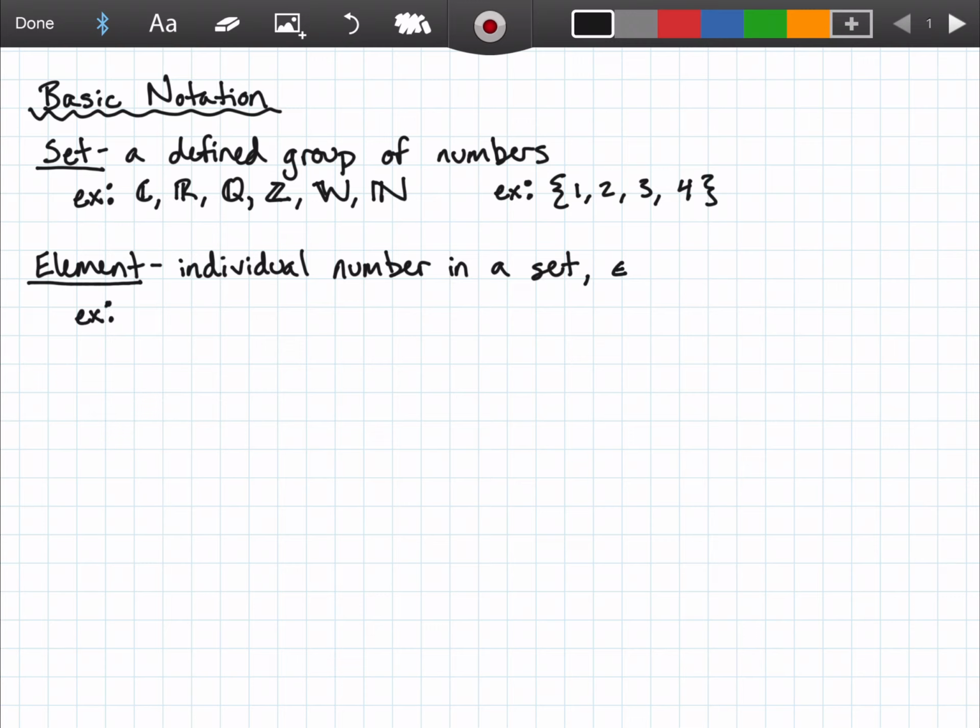So for example, I'm just going to give you the number 5 and say, oh, 5 is an element of the natural numbers. I could also say, I don't know, -3 is an element of the integers. Or maybe if I decide that this set up here, I'm going to call it set A, then I could also say that 2 is an element of set A. And that's what we got going on there.